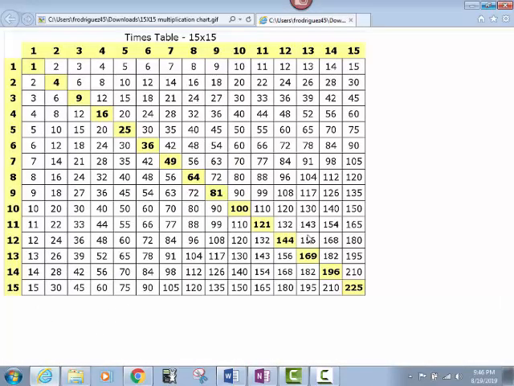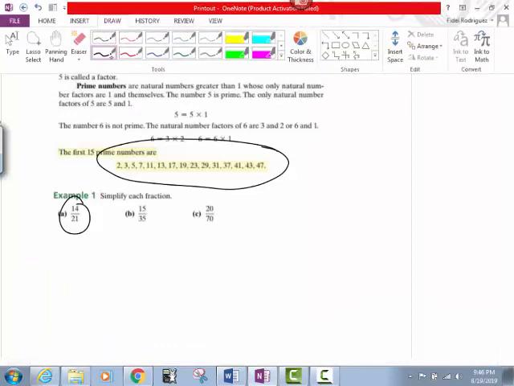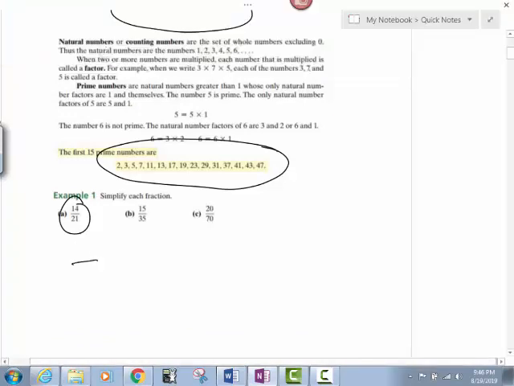If I look here on my number 7s, here's a 14 and here's a 21, which tells me that the numbers 14 and 21 can both be divided by the number 7. So 7 goes into 14 twice, and 7 goes into 21 3 times.